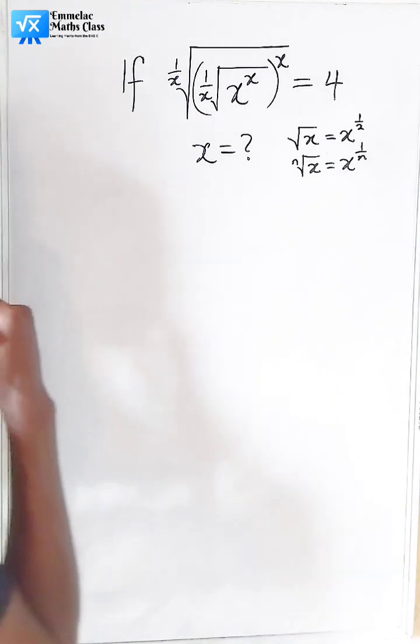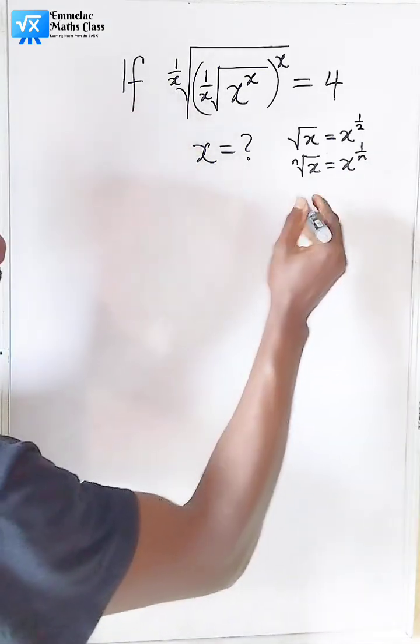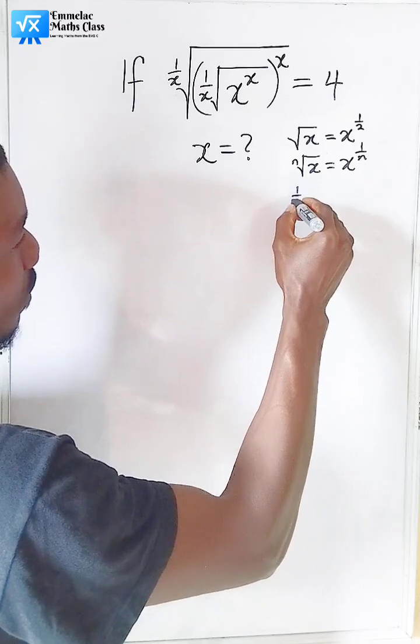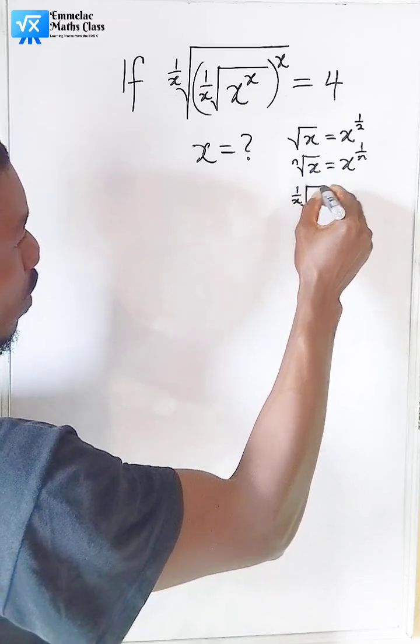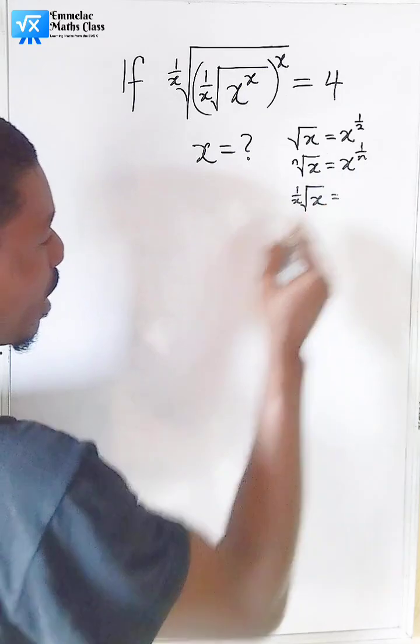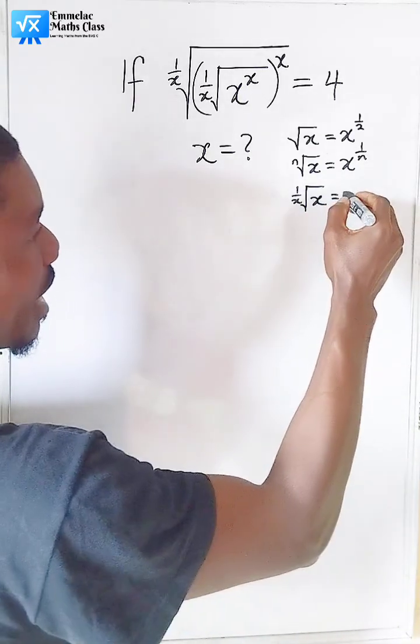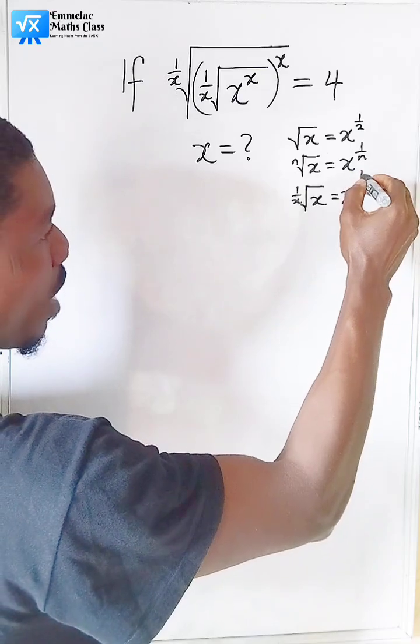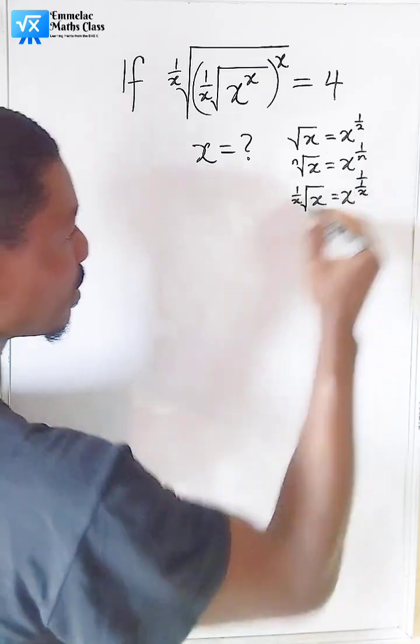Now if we have the (1 over x)th root of x, this will be x raised to the power of 1 over 1 over x.